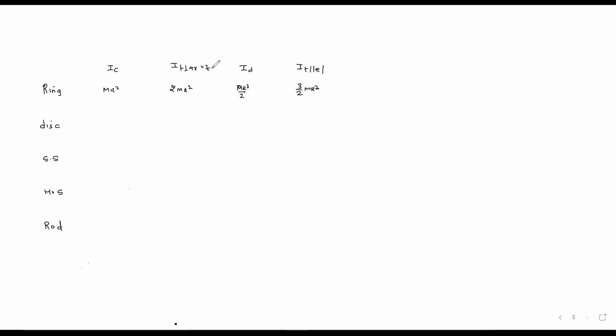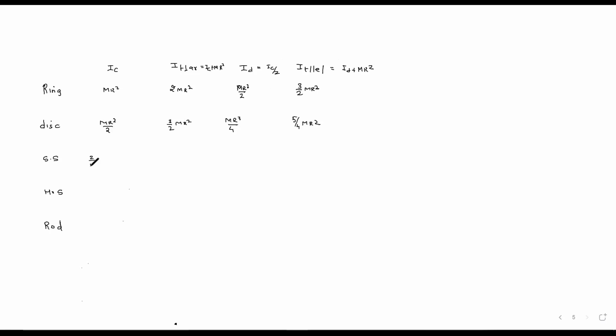This is IC plus MR square, this is IC by 2, and this is ID plus MR square. Do you understand or not? For a disk it is MR square by 2 and this is plus MR square, which will become 3 by 2 MR square. This is MR square by 4 and this is 5 by 4 MR square.